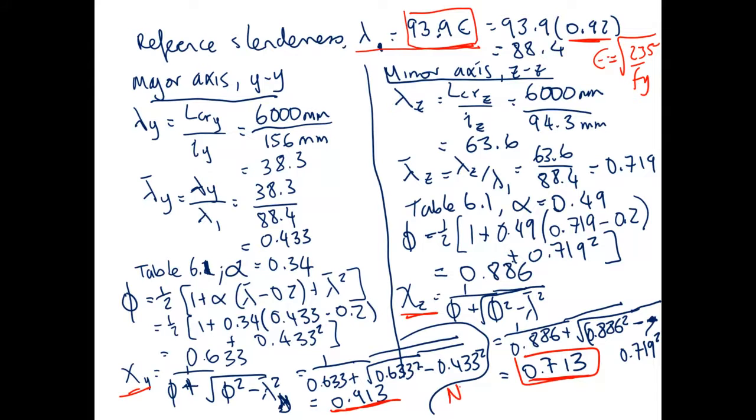So the critical buckling value about the z-axis is equal to the reduction factor about the z-axis times N_pl,Rd divided by gamma M1, the factor of safety. Taking that on to the next page.